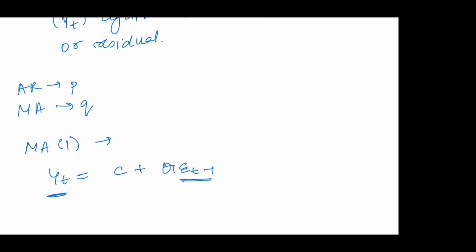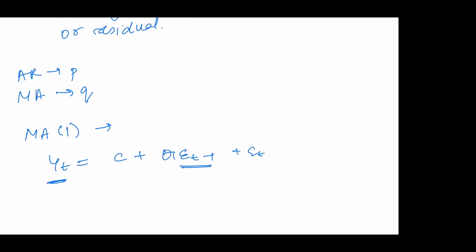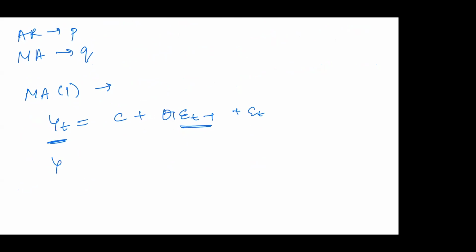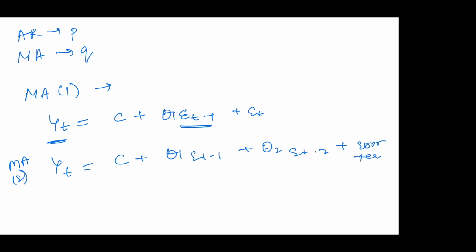Similarly, this is MA1. MA2 will be what? There will be two components: C plus theta 1 et minus 1, theta 2 et minus 2, and plus some error term.